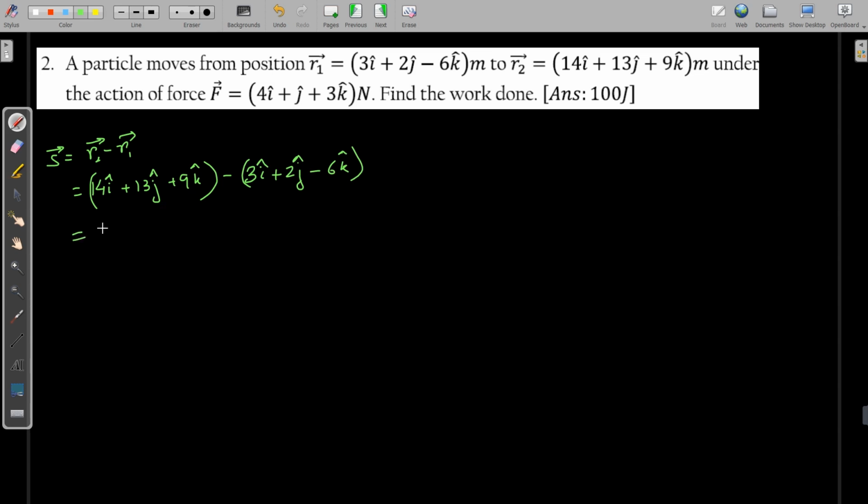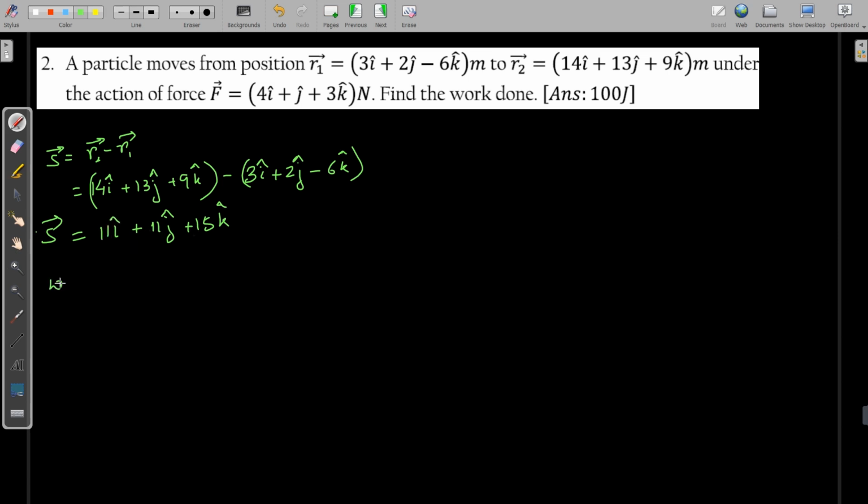So if I go for this, we are getting 11 i cap plus 11 j cap, and plus 15 k cap, right? This is what I am getting.